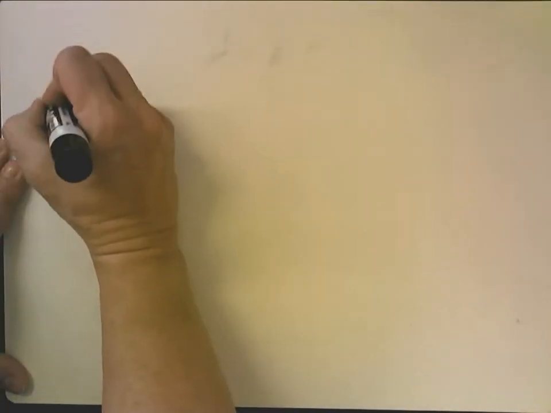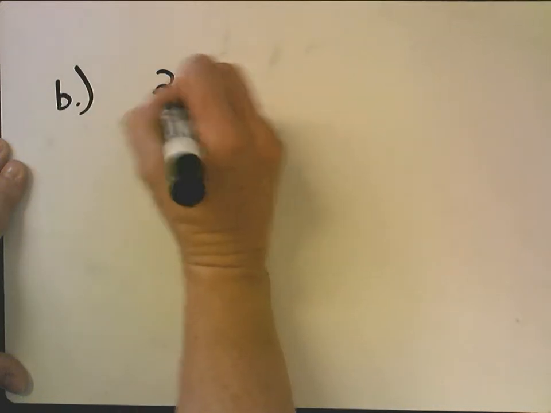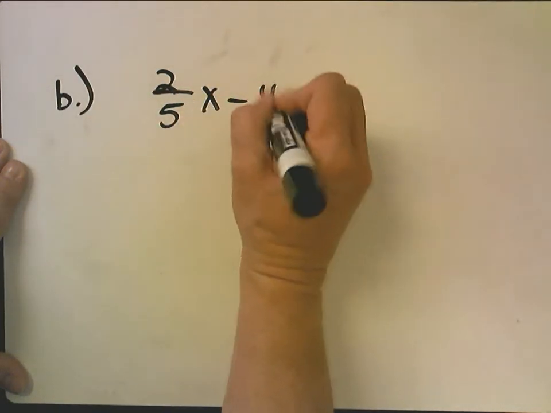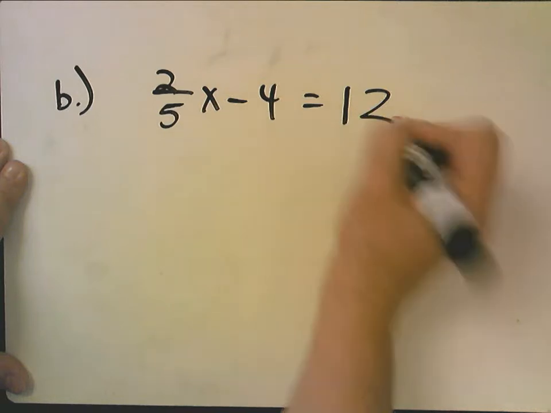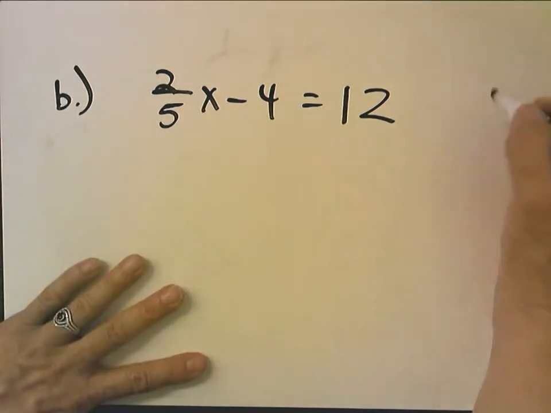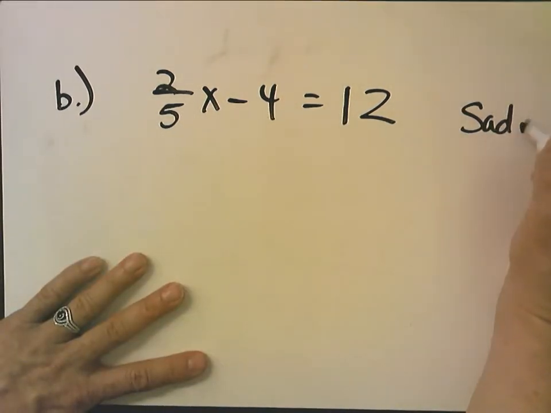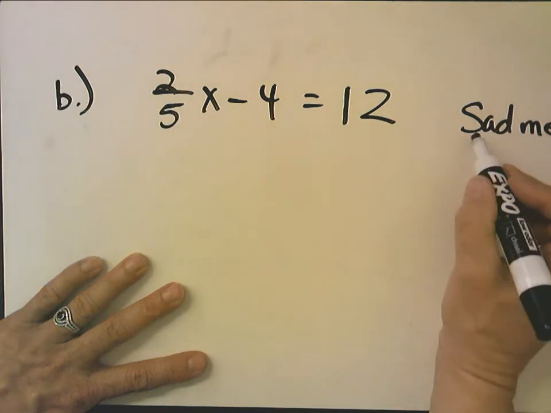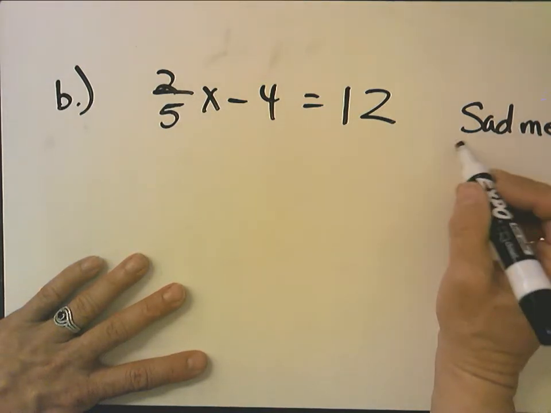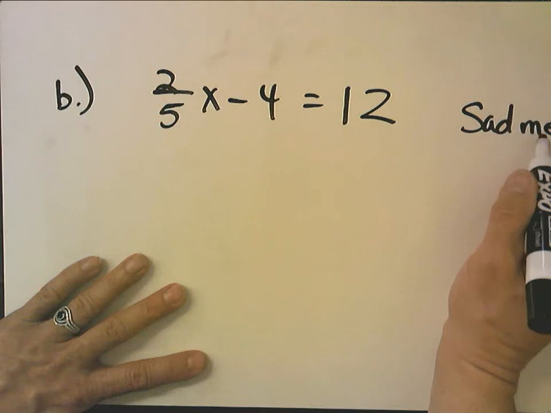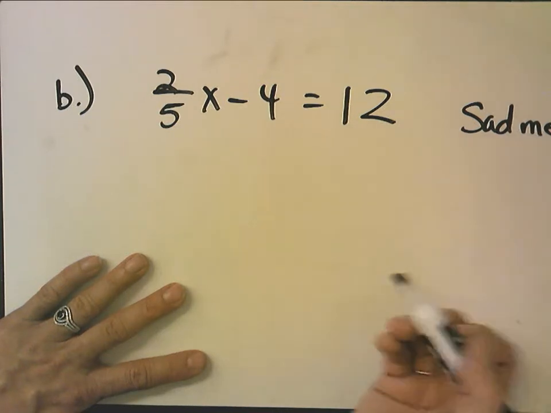Now, let's look at number 2, or B. 2 fifths x minus 4 equals 12. The easiest thing to do here is to remember SADMAP. SADMAP means whenever you have an opportunity to subtract or add before dividing or multiplying or using exponents and parentheses, you should.